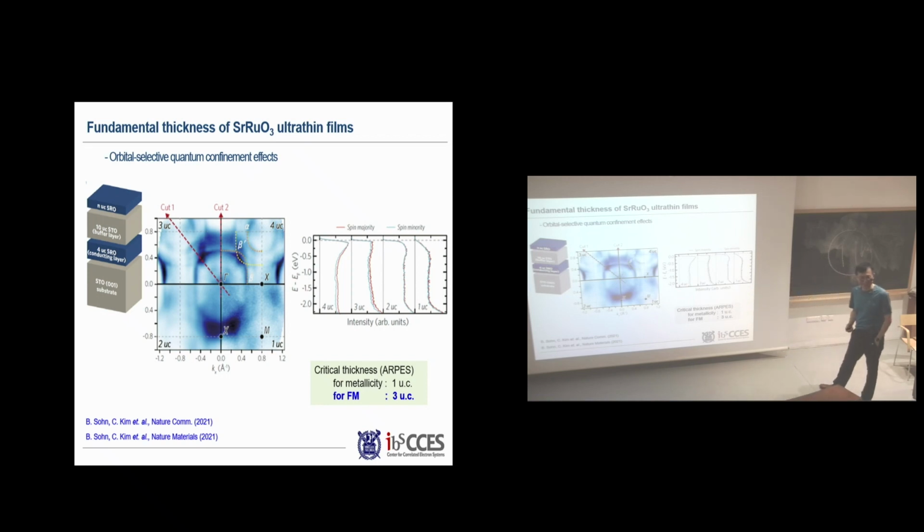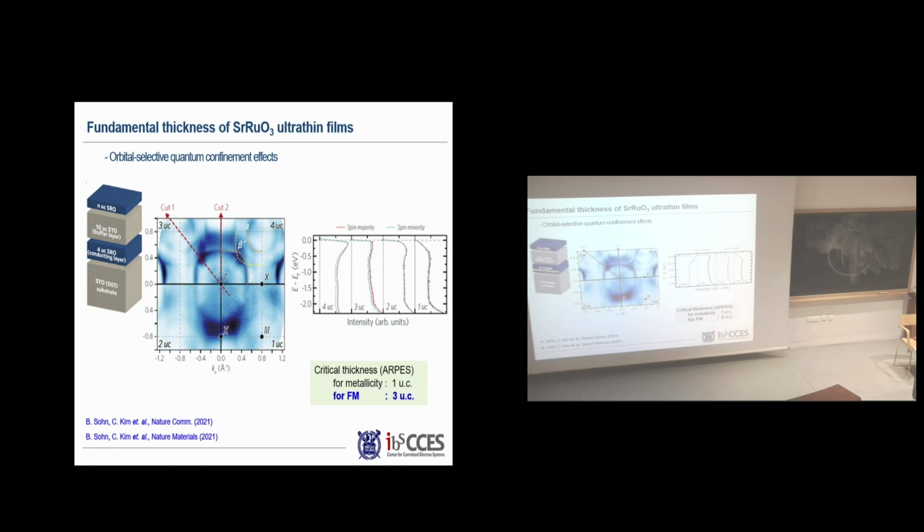Yes? Why not just use a conducting substrate instead of using this structure? You mean about the superconductivity? I mean, probing the one unit cell, you could use a conducting substrate as well, right? I think you are also working on oxide thin films.